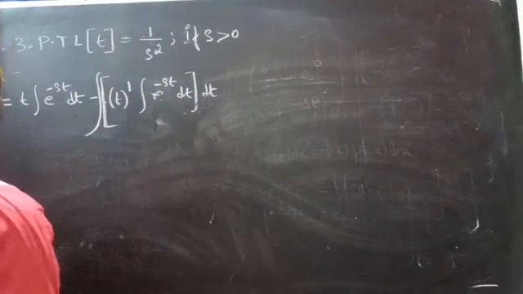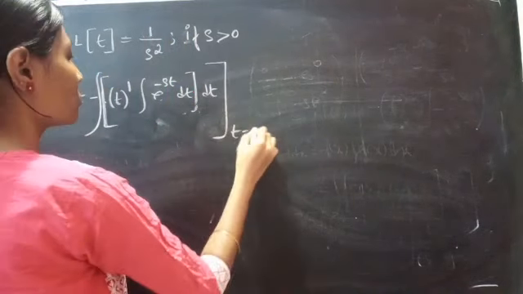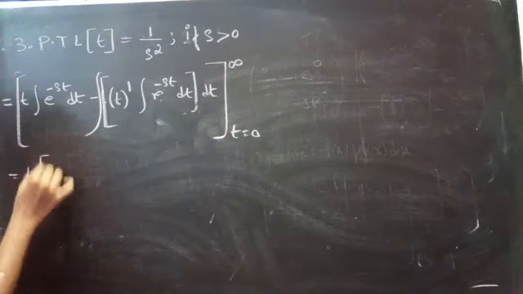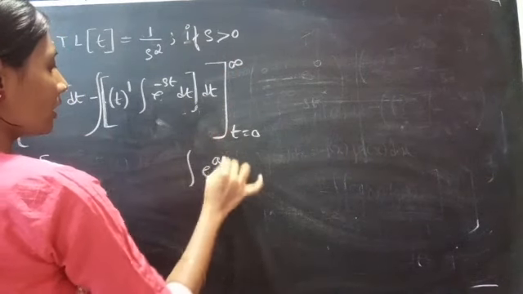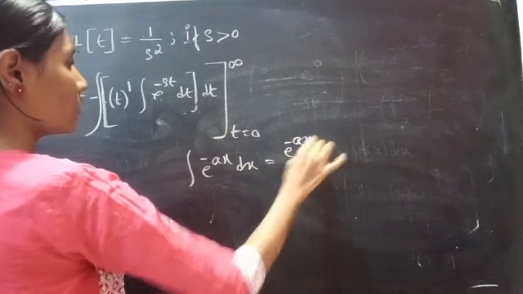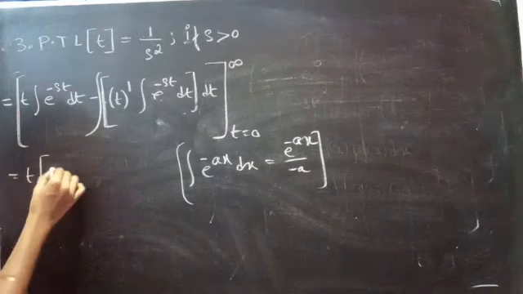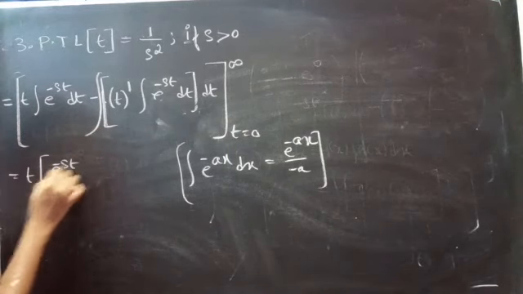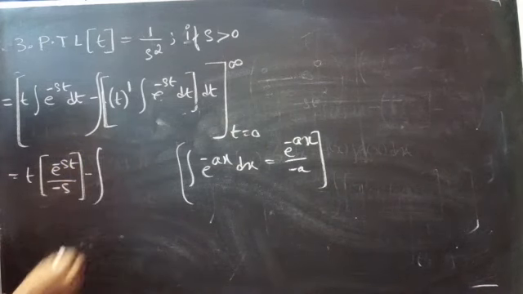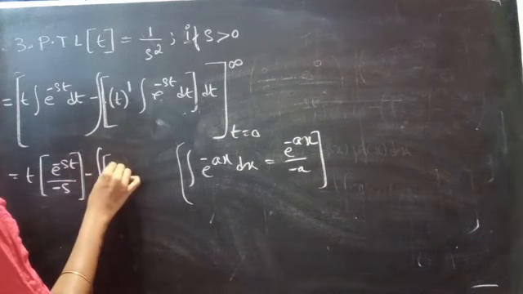Okay. Finally, you will apply the limits for t, t equals 0 to infinity. So this equals t into the integral of e power ax dx, and the integral of e power ax is e power ax by a, so you'll get t into e power minus st by minus s, minus the integral of the derivative of t, which is 1.